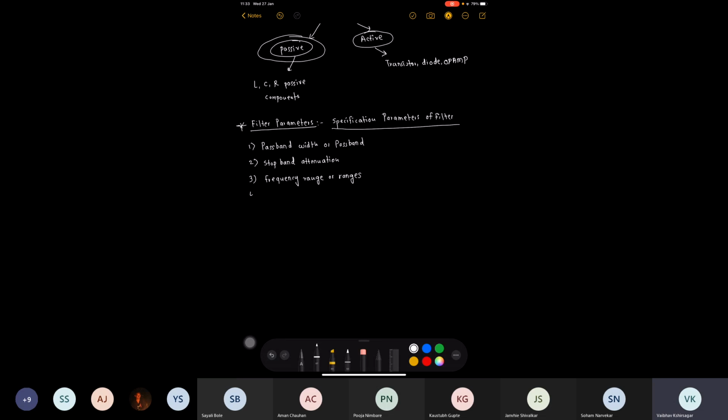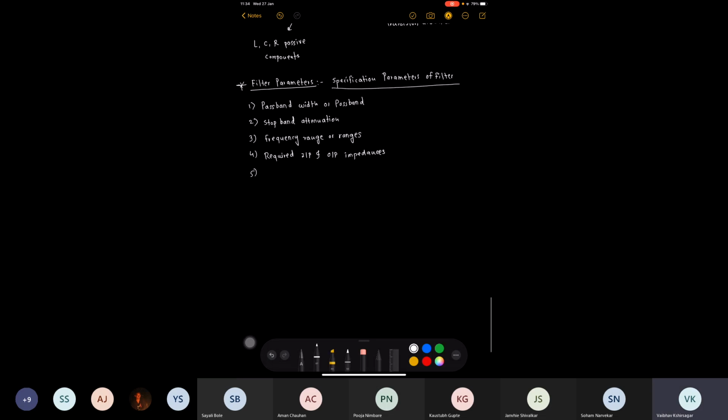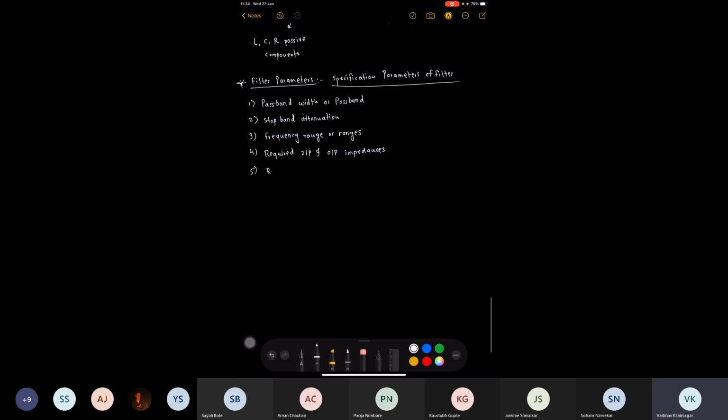Then another filter parameter important in the design consideration is the required input and output impedances. This is also one of the important required parameters. The next is how much should be the return loss. We'll come to these definitions in more detail later on. Return loss has to be specified, very important.